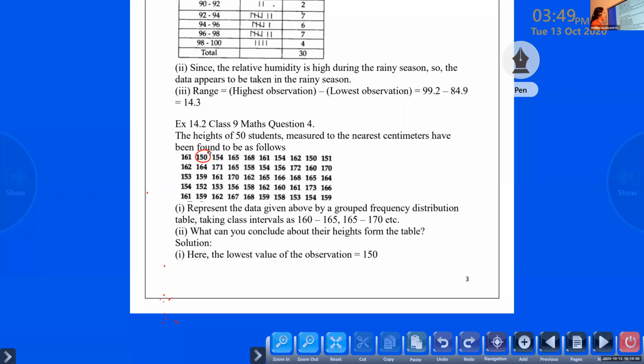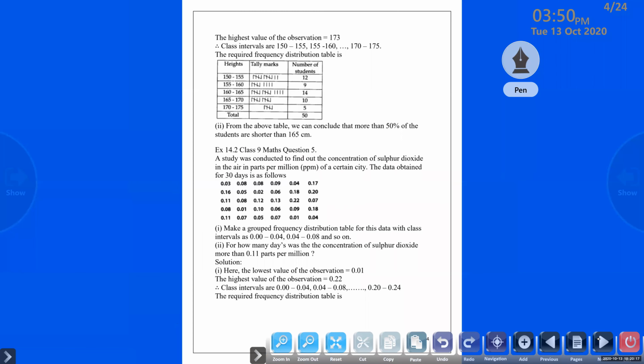And the highest, can you find the highest? 173, I think. So here it is given as interval 160 and 165. Is it enough? We have to include 150 also, right? Yes, ma'am. So what is the starting class? 150 to 155.